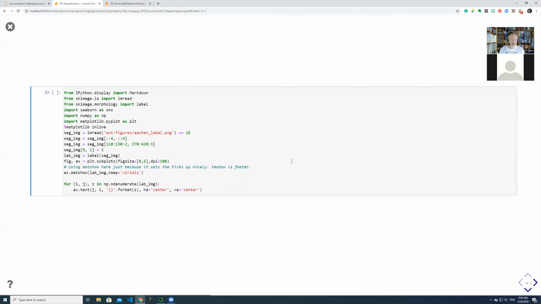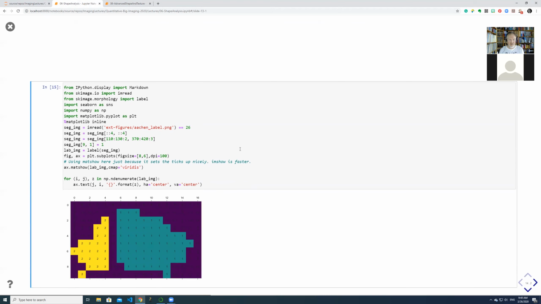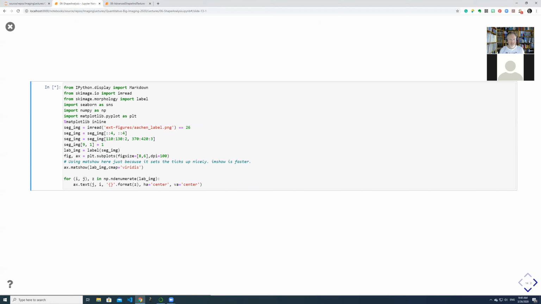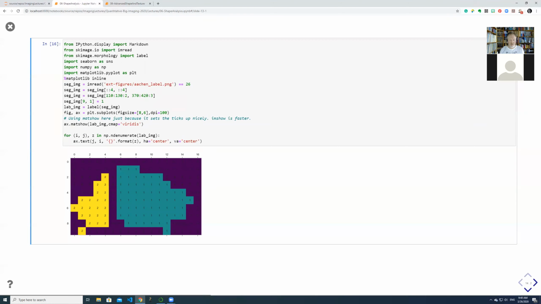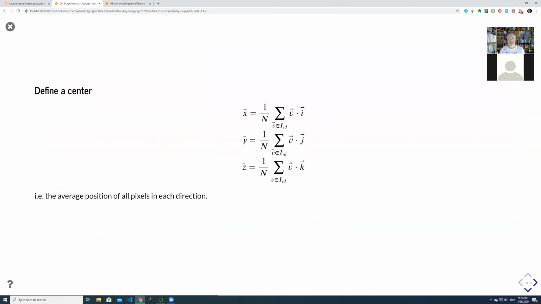The algorithm then looks something like, first the black and white labeling. So we had this image with our labels in it. And now we want to look at the ones only. And now we want to define a center. And the center is actually defined as the average of pixel positions in each direction.